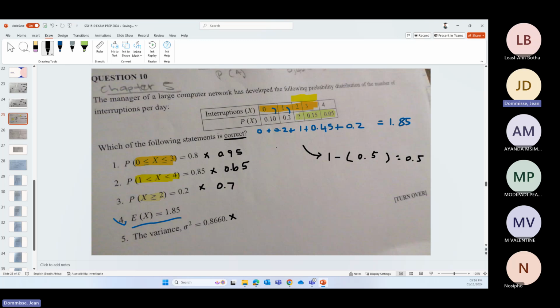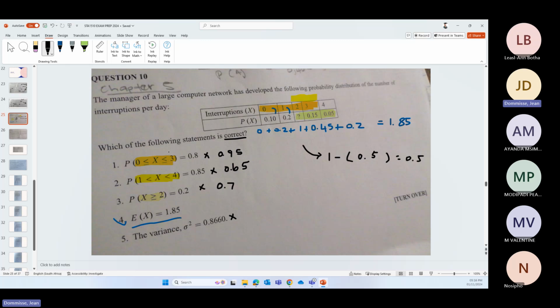So it is a bit longer. That's why I will always work out these four first, because if that was also wrong, then 5 is my answer, and I also don't need to work out the variance.